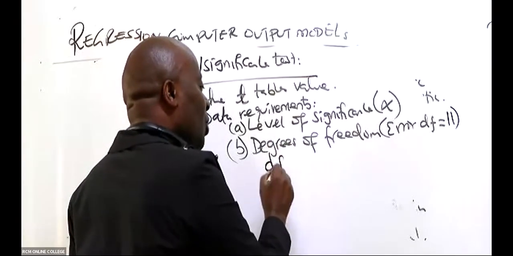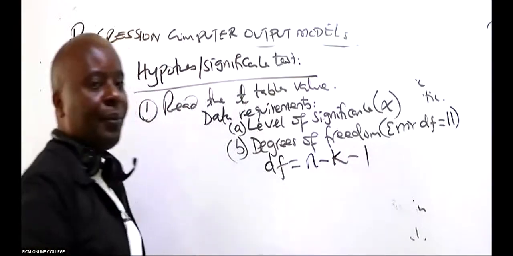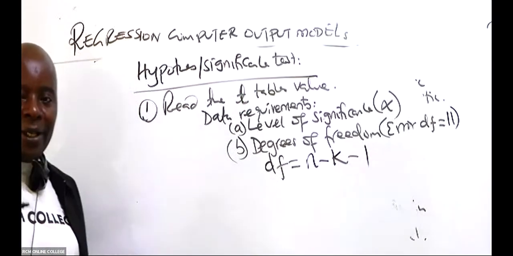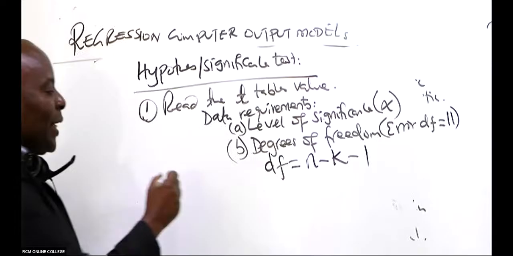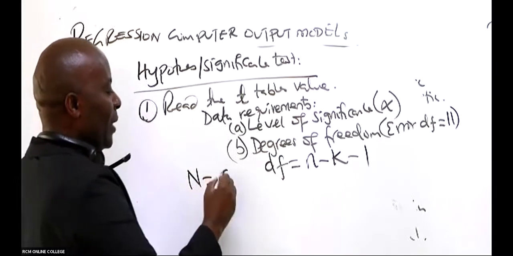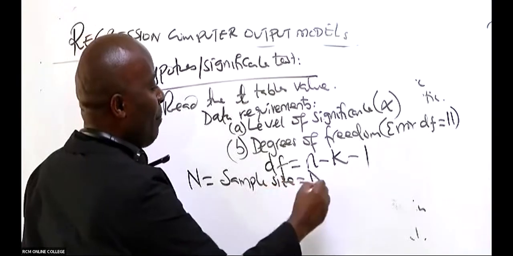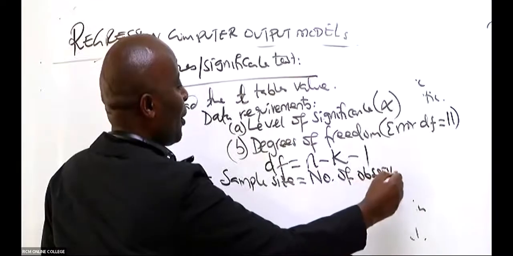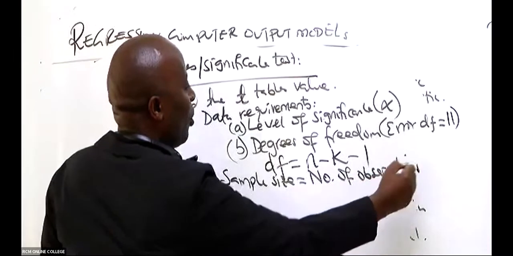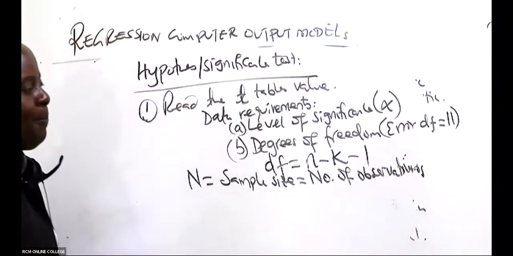To get these degrees of freedom, we normally take n minus k minus 1. Where, of course, n is the sample size, or number of observations.